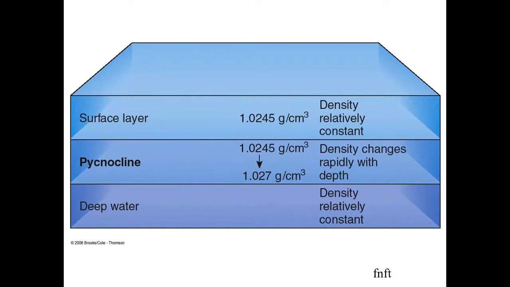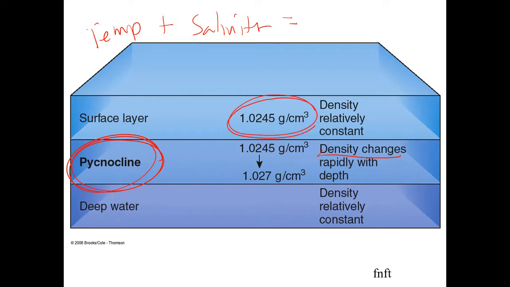Put those two together, temperature or thermocline plus salinity or halocline equals pycnocline. Why? Because it means density change layer. Temperature has a density, salinity has a density. It's now telling us based on density that the surface layer of the ocean is the least dense.